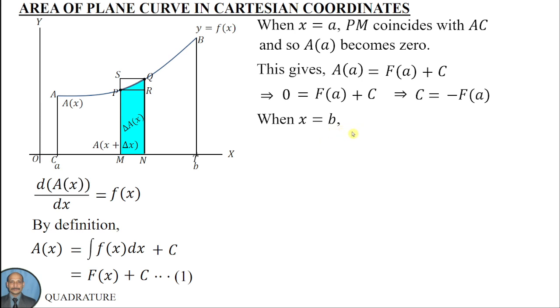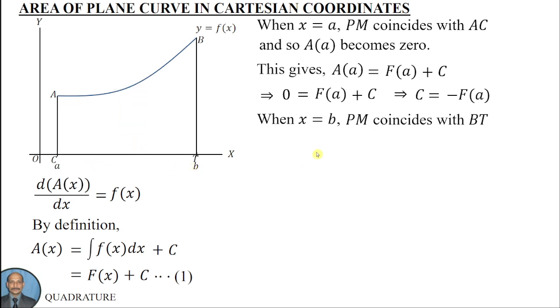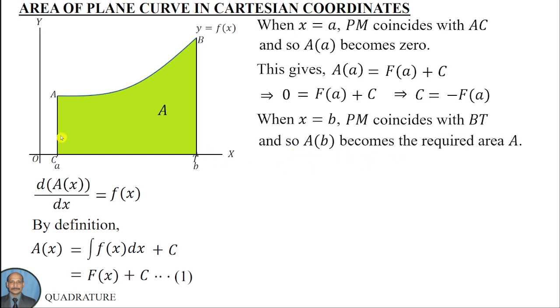So when x equals b, we can say that the ordinate PM coincides with BT, and the area of the region ABTC is the required area under the curve. So when x equals b, then A(b) becomes the required area A.